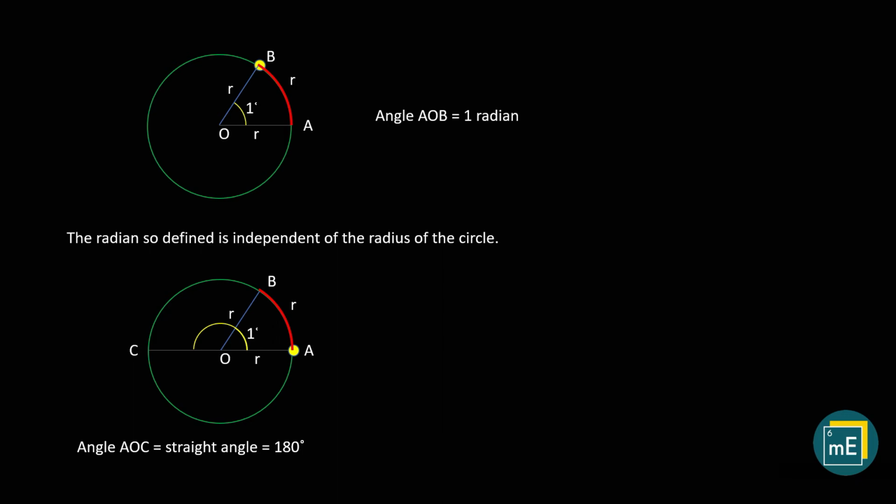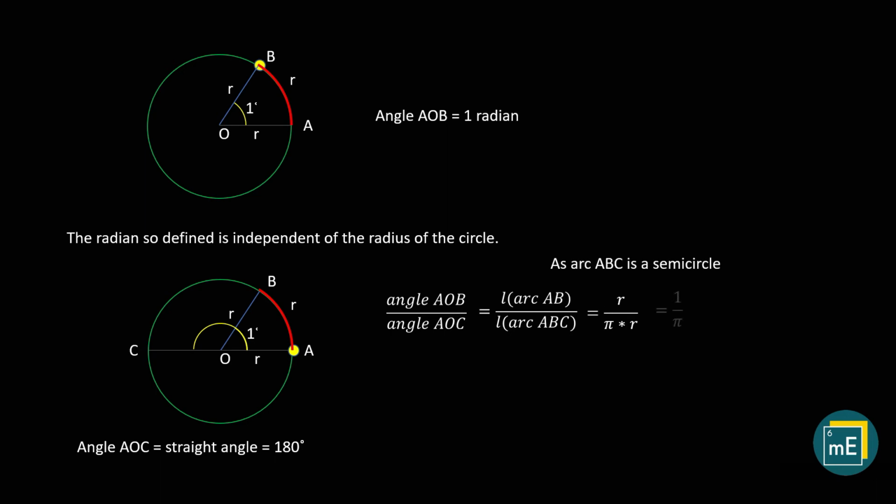Using this idea, if we define the ratio of angle AOB over angle AOC, we can say that this will be equal to the length of arc AB over the length of arc ABC. Now the length of arc AB is equal to r, and the length of arc ABC equals half of the circumference of the circle, and therefore this ratio becomes 1 over pi.